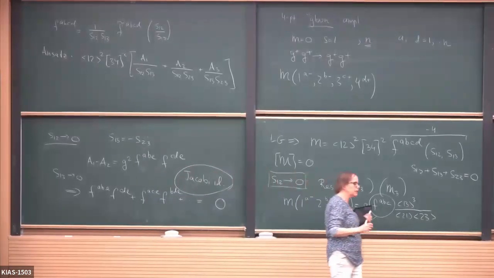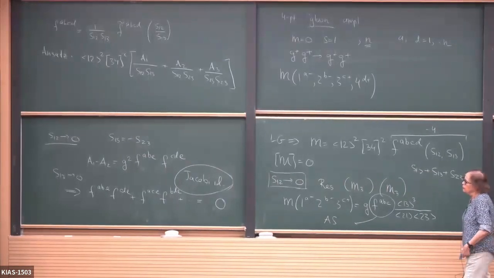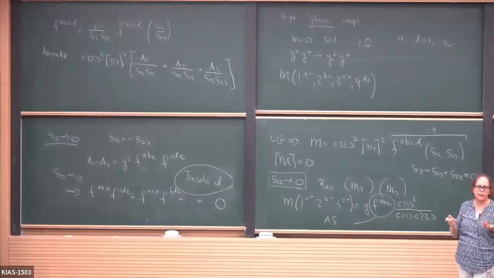And you see that it's sort of non-trivial. It comes from the special form of this 4-point amplitude, and the fact that a priori it seems that we have things that look like double poles, but they cannot be there.